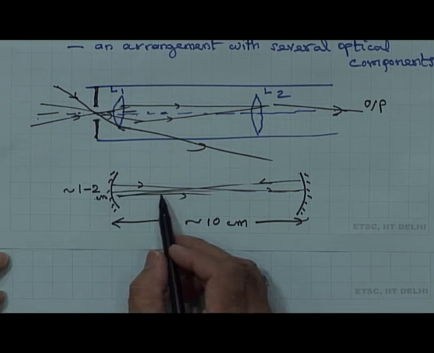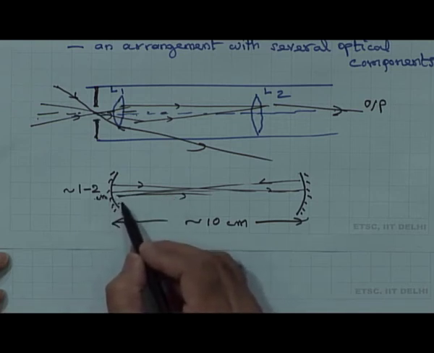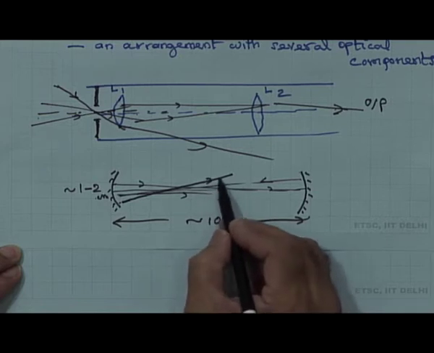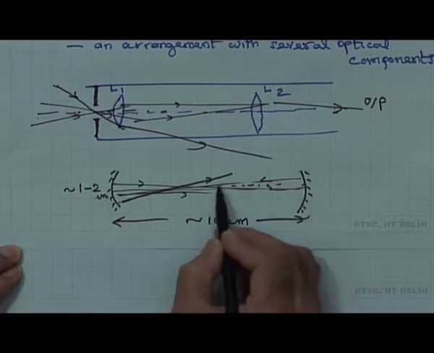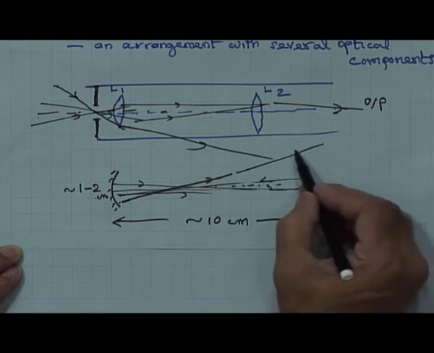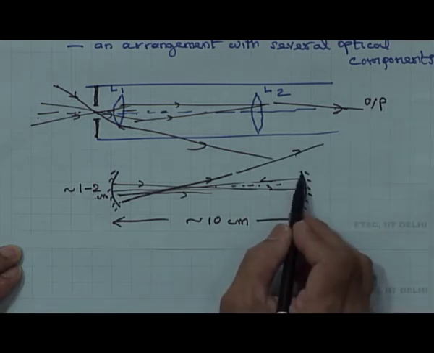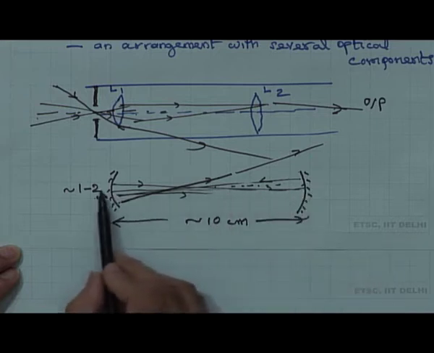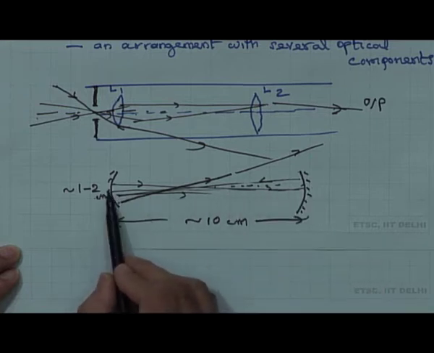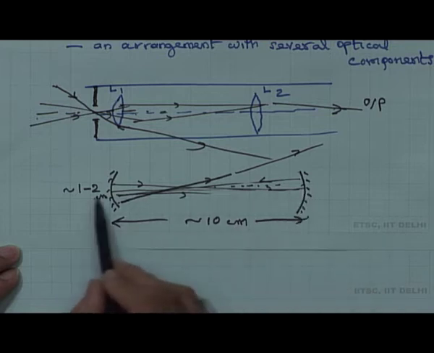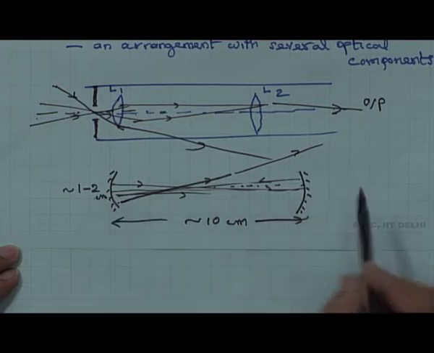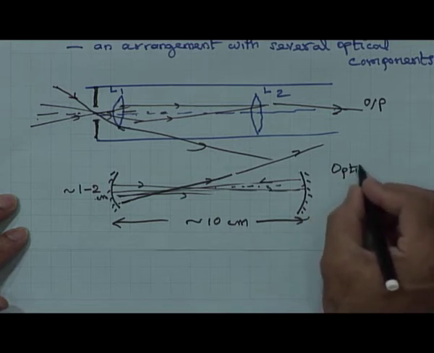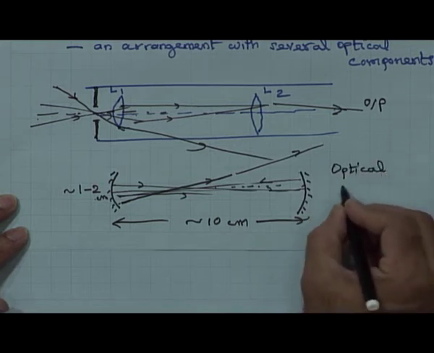Then we can see that any ray which makes a larger angle with the optic axis of the system will simply go off the system. It will not hit the mirror and come back. Therefore, only rays which are close to the axis, which make small angles, will go back and forth in this resonator. This is called an optical resonator.